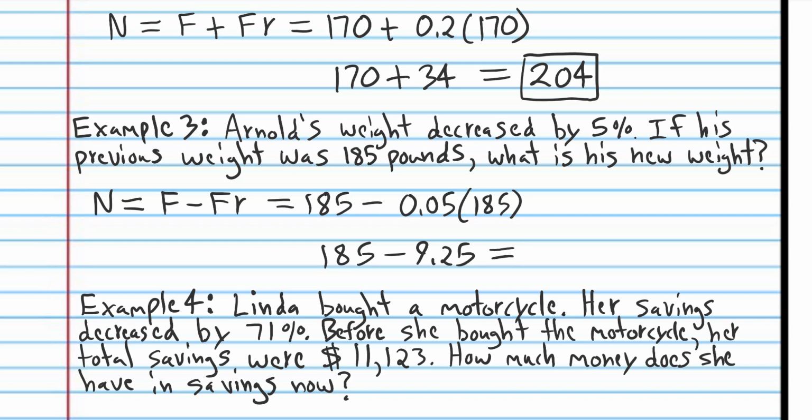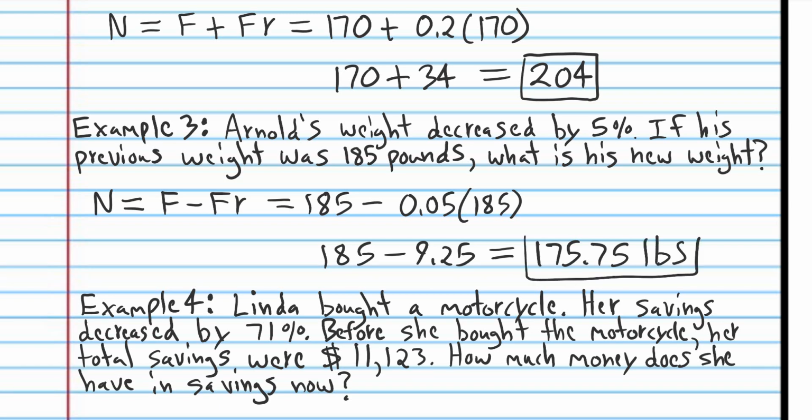And 185 minus 9.25 is equal to 175.75. But in this problem, you need to write the units because we're given units.